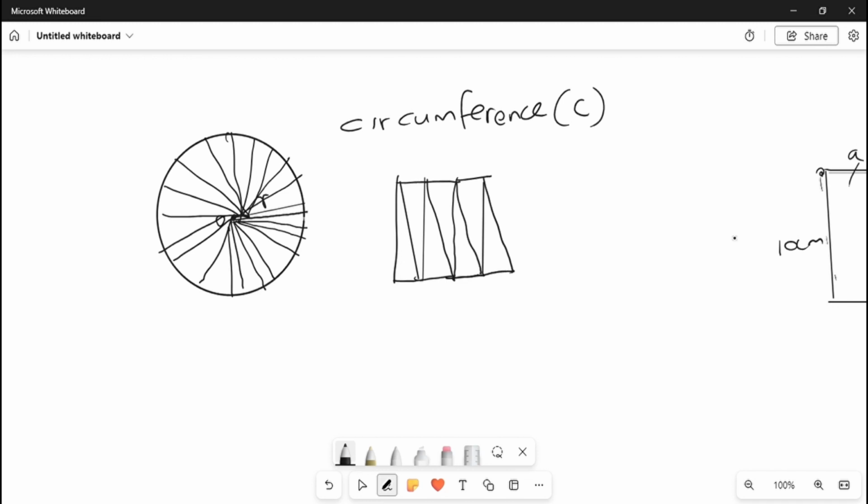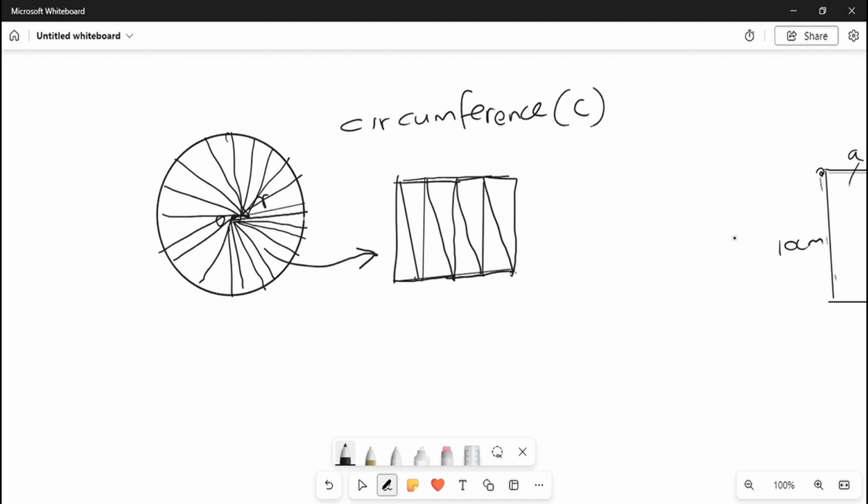So now we have cut this circle into a rectangle, and you know children, this length is over here, right? So this is the perimeter. So the perimeter of the circle is like this, these two edges.